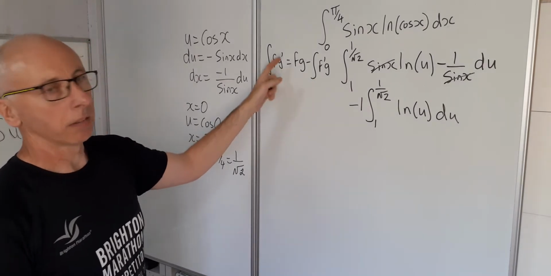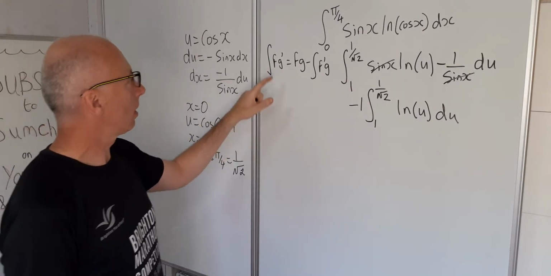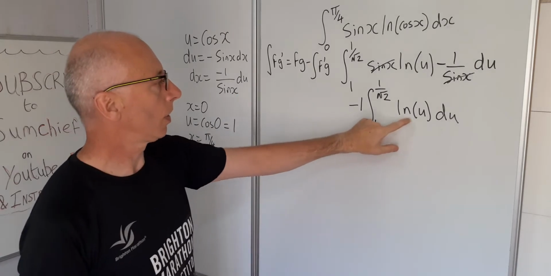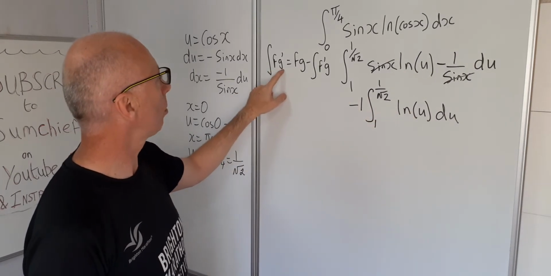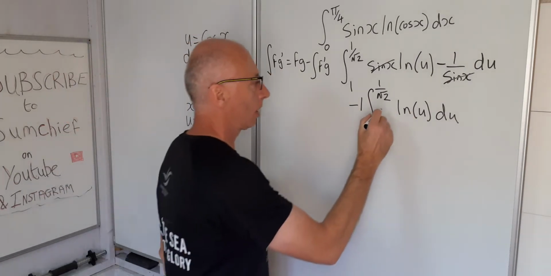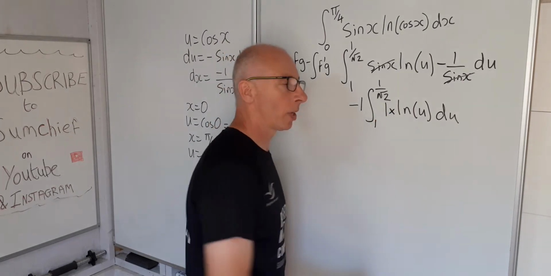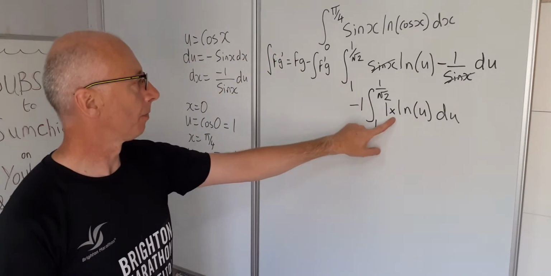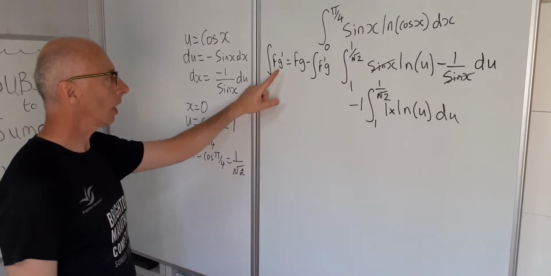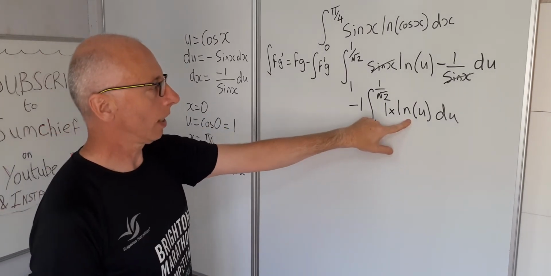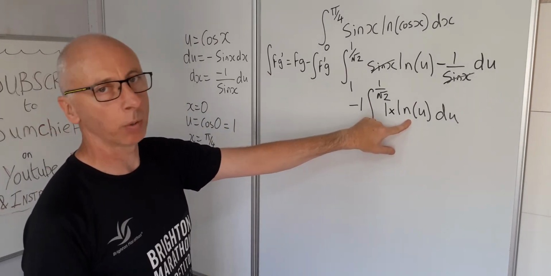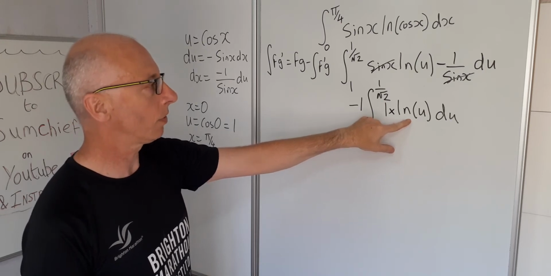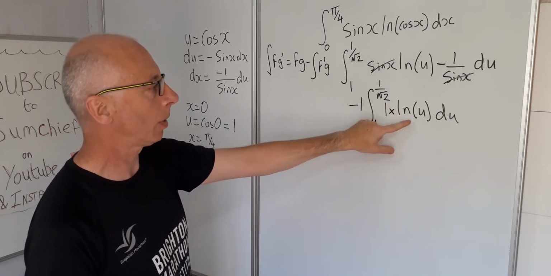That looks a little bit confusing for now, but what we're going to do is assign one of these functions for g prime and one for f. So for integration by parts here, we need to put an imaginary 1 times something. Now, to take the derivative of log of u is simple, that's just 1 over u. If we take the derivative of the other one, we're back where we were with integration by parts.